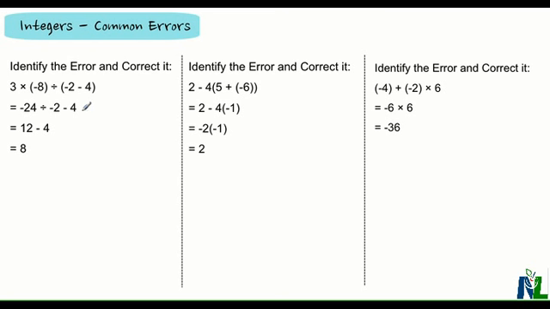Now, you might have picked up on what the error is. Here they sort of dropped the bracket, and they should have done -2 subtract 4 first. Okay, so then they would have had -24, and I'll make that correction here now. So they would have had -24 divided by -6.